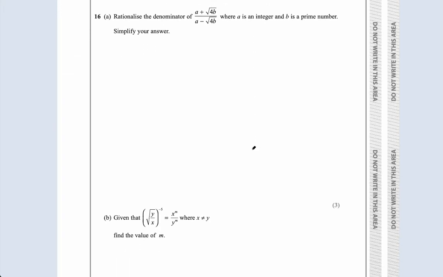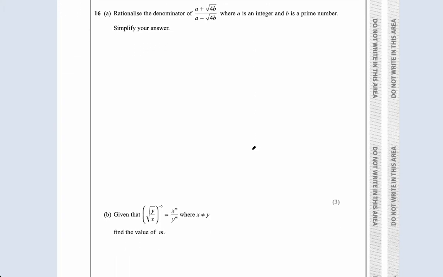So there you go, question 16. Rationalize the denominator. How do you rationalize the denominator? So guys, this is one, again, not easy, but there's a rule that you can learn, and we can all get the first step here.